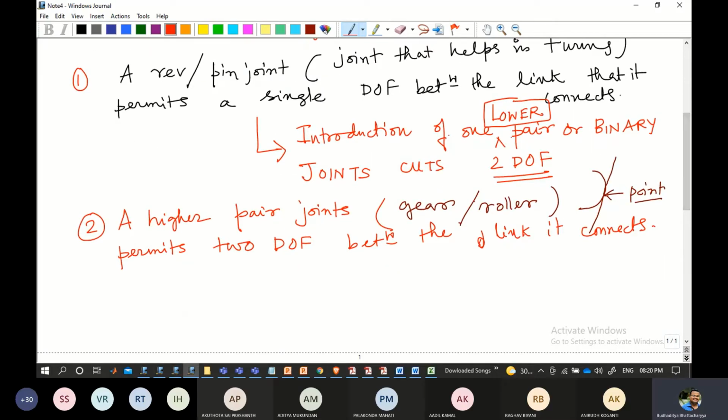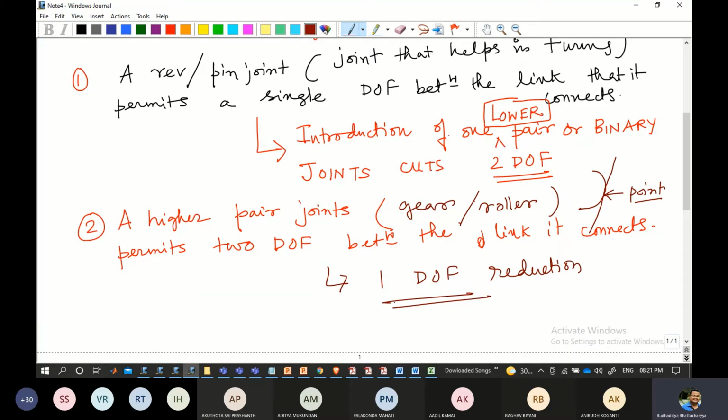Now, like here, a lower pair has a reduction of 2 degrees of freedom. Similarly, a higher pair will always have 1 DOF reduction, or one higher pair will reduce the overall DOF by 1.